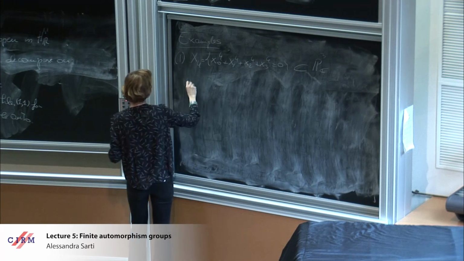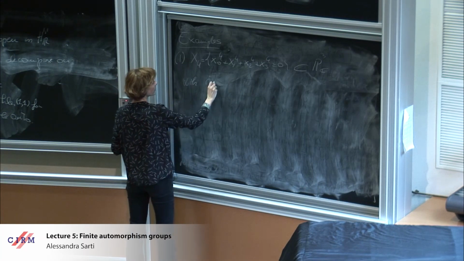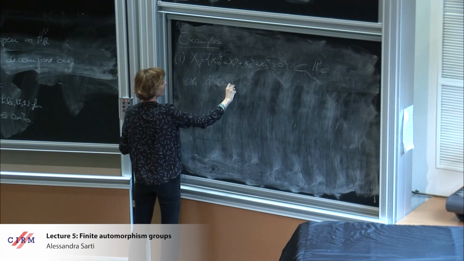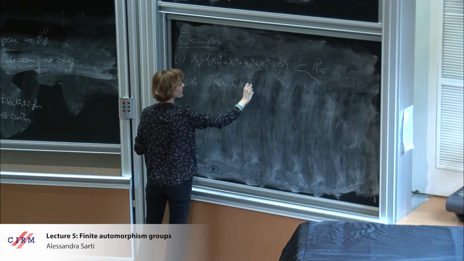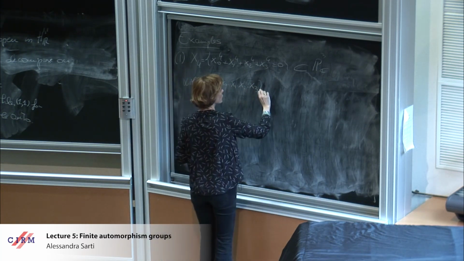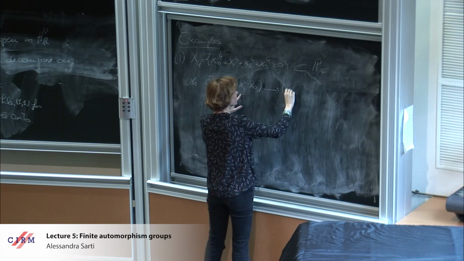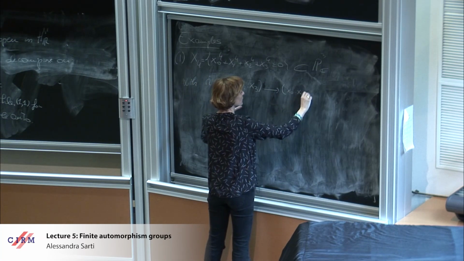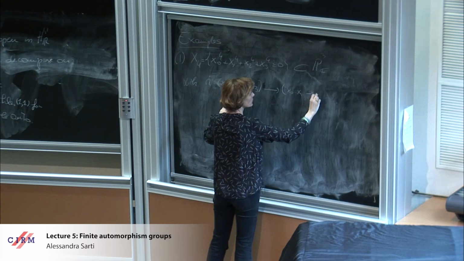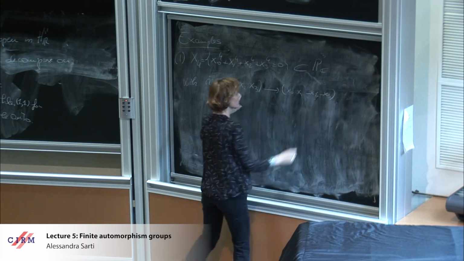With iota sending x0, x1, x2, x3 to x0, x1, minus x2, minus x3.